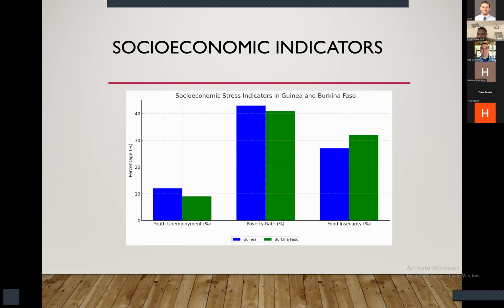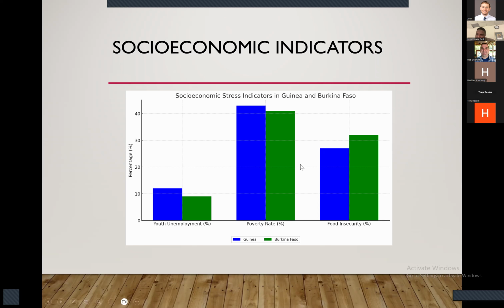In terms of poverty, both countries report high levels, with Guinea slightly higher. Over 40% of the population in both countries live below the national poverty line, reinforcing chronic underdevelopment and citizens' dissatisfaction with government performance. Lastly, food insecurity, while prevalent in both countries, is marginally higher in Burkina Faso.